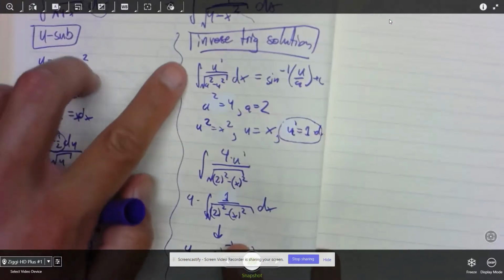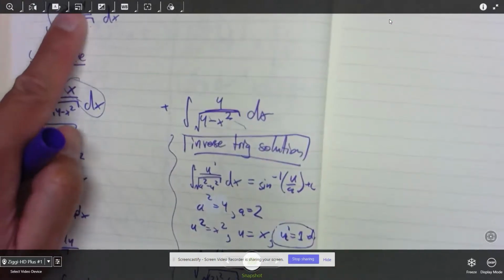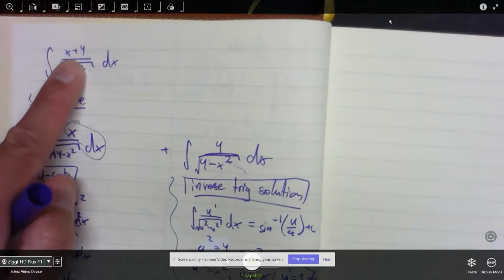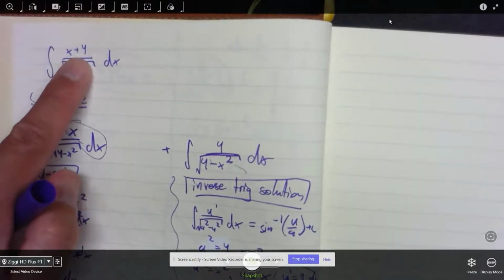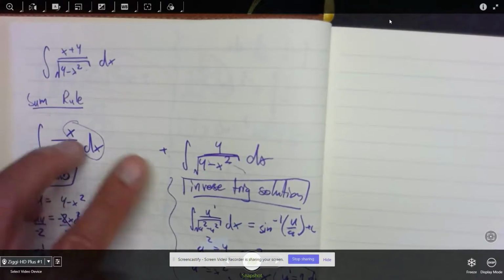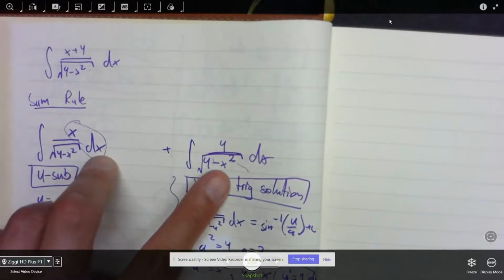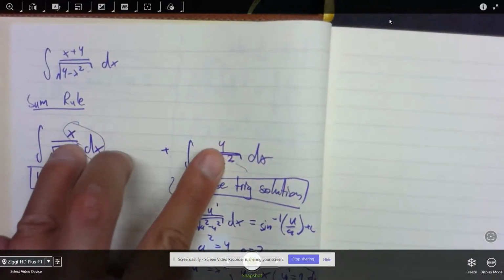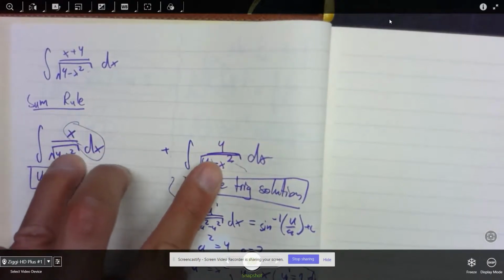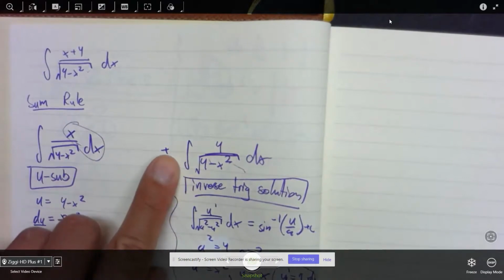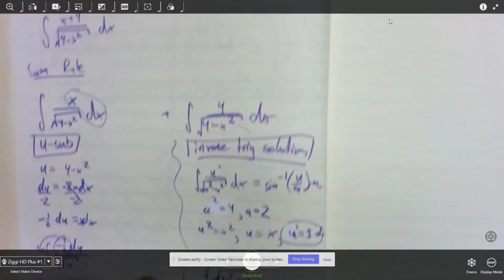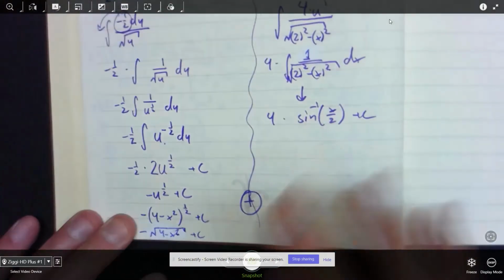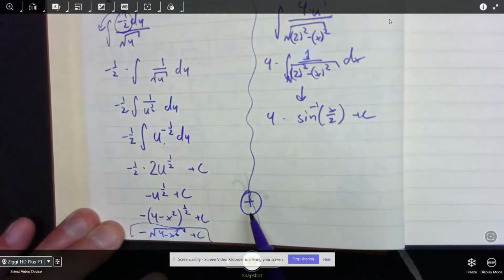But that was just an integral rule, where if you have 2 terms being added together under a similar denominator, you can split them off into 2 separate numerators with the same denominator, and at the very end you just take the integral of both of those and add them.